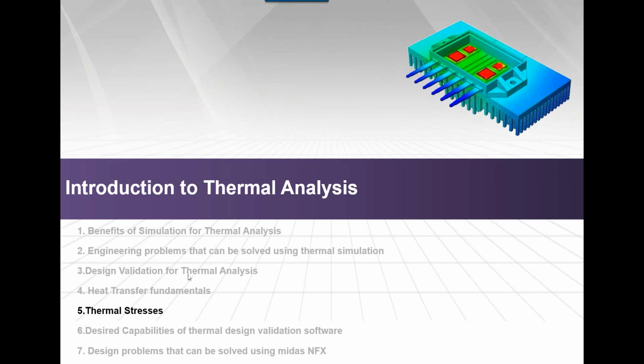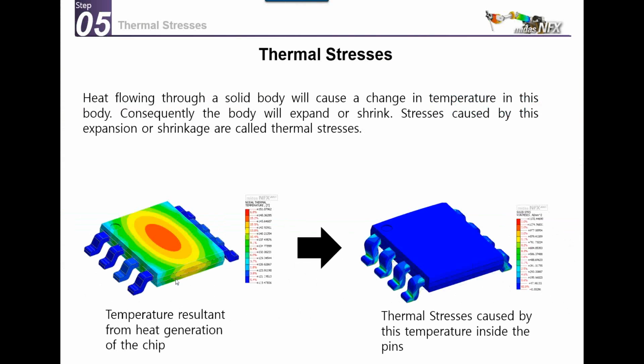Okay, now let's go on and talk about the thermal stresses. So thermal stresses are actually created by heat. When you have a solid body, it can change shape due to the temperature. So temperature will make the body expand or shrink, and this will cause stresses in some parts.